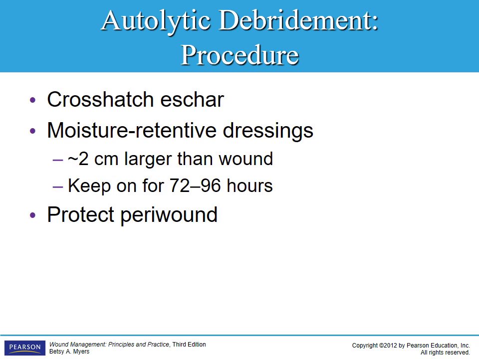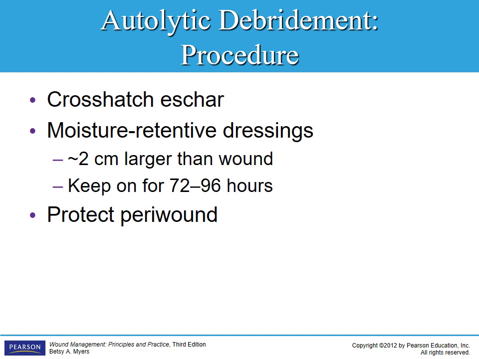So what's the procedure? Well, with autolytic debridement, you want to crosshatch the eschar. If eschar is there, you want to crosshatch it. You want to open it up so that that moisture can get down into that eschar and those endogenous enzymes can begin to break down that eschar. You want to put that moisture retentive dressing on there. You want to keep it on for 72 to 96 hours, and you want to protect the peri-wound.